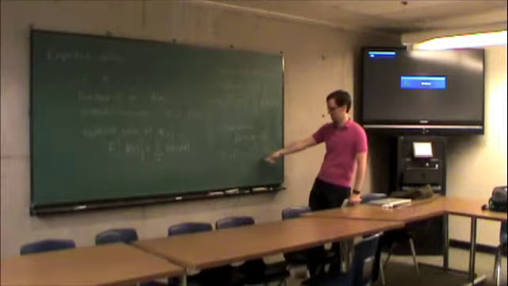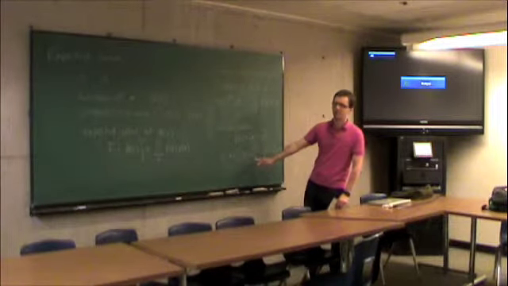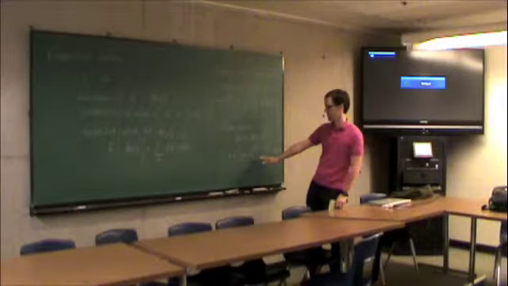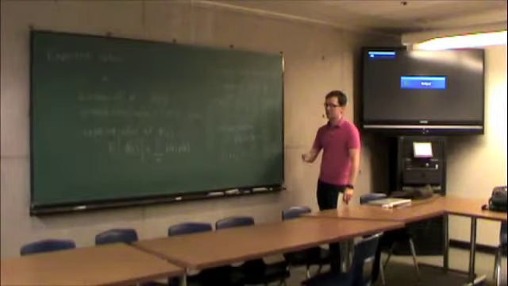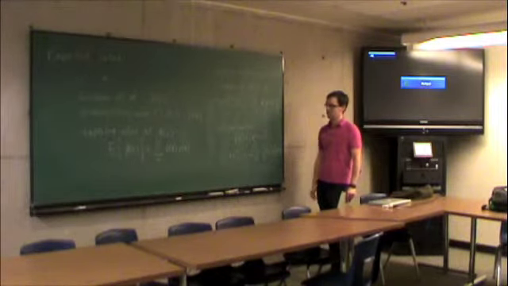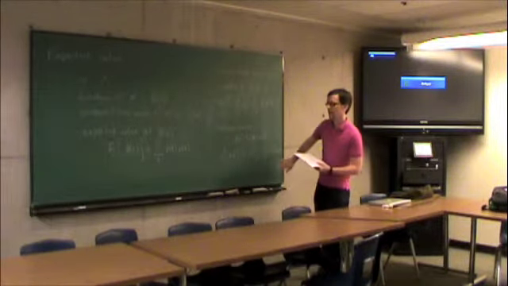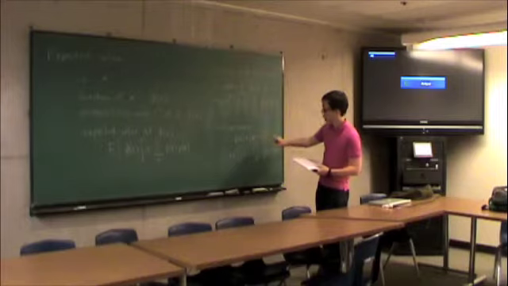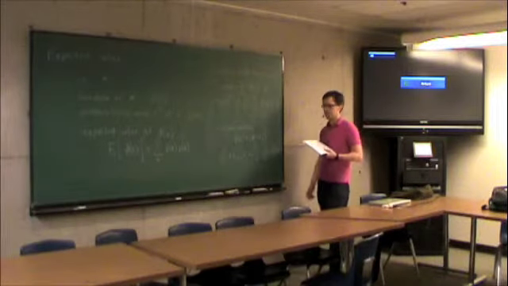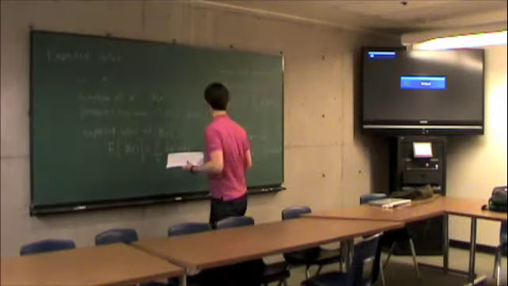If I was just taking the expected value of x minus mx, that actually is 0. So what I want to know is how far does it deviate, and I want to accumulate it on either side of the deviation. If you happen to know the expected value of x squared, then there's an easy way to calculate variance.